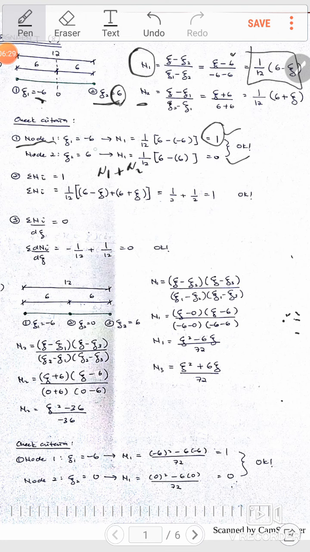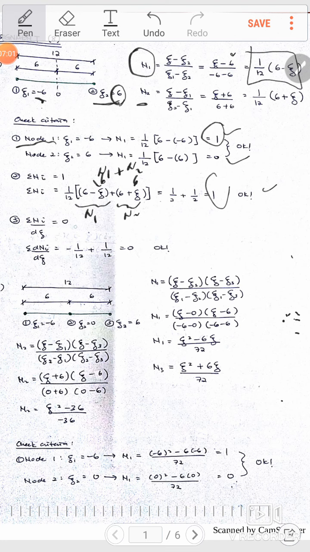So substitute the value of each node: this one is for node number 1 and this is for node number 2. For node number 1, I substitute minus 6 here and here we have 6. So I got 1. That's okay.